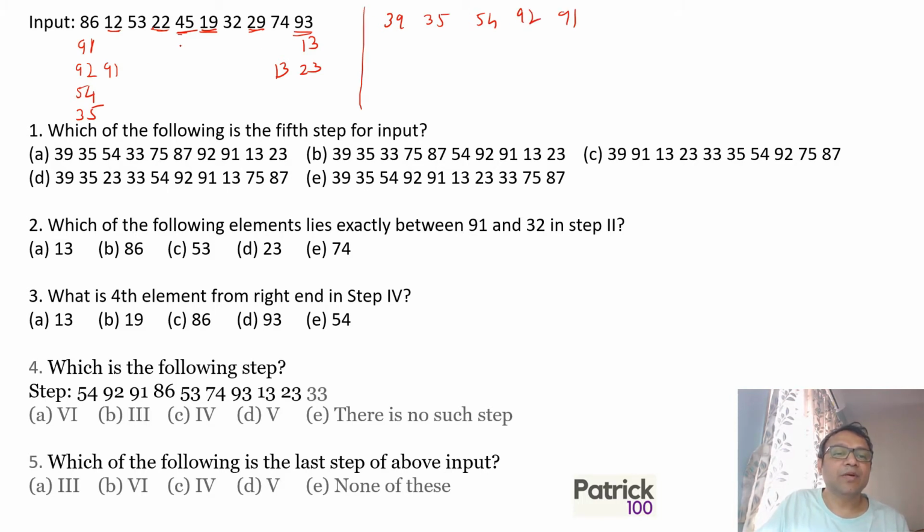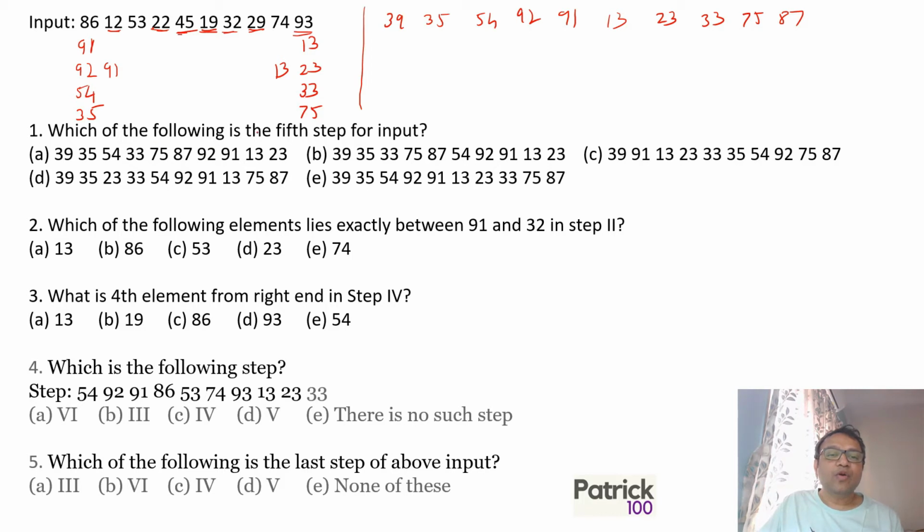Same with even numbers. What's the next largest even number? 32 will become 33. Okay, next even number is 74, will become 75, and last will be 87. So 87 will go last, 87, and 75, 33, 23, and 13. This is how the numbers are arranged, the last step.